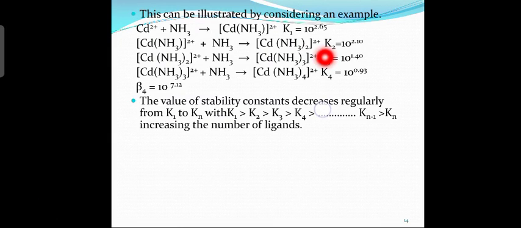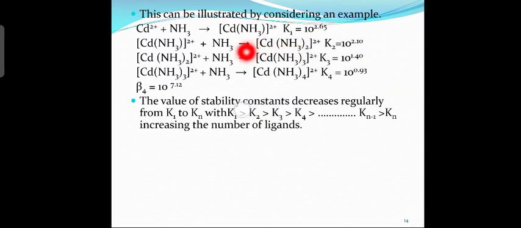Now, this is illustrated by considering these examples. Cadmium combines with ammonia to give the cadmium ammonia complex, Cd(NH3) 2+. K1 is 10 to the power 2.65. The product of the first reaction combines with ammonia once again, giving Cd(NH3)2 2+, and K2 is 10 to the power 2.10.